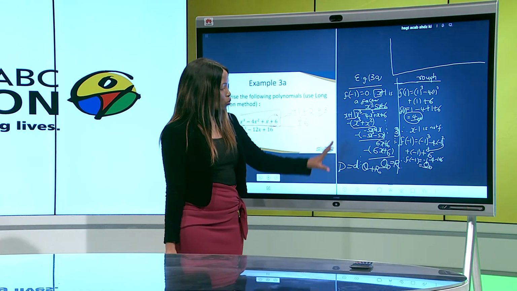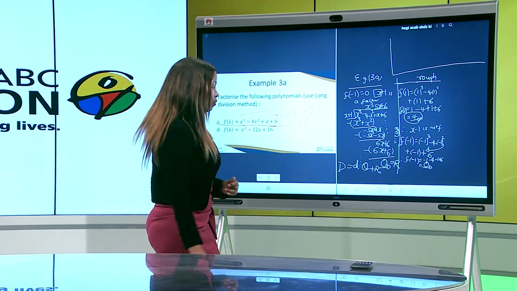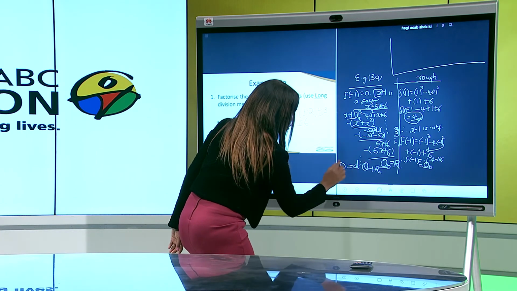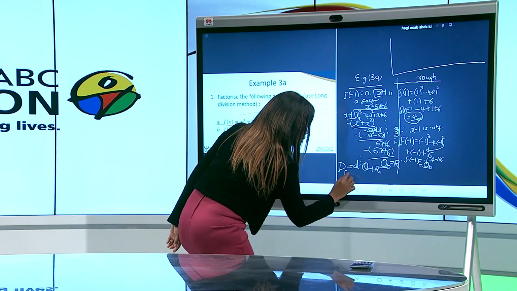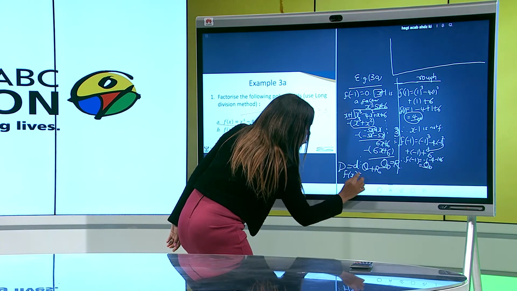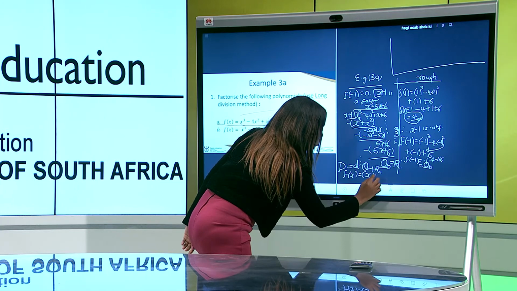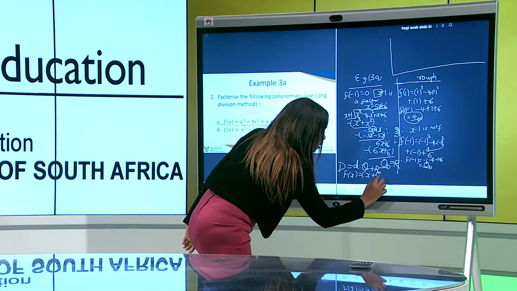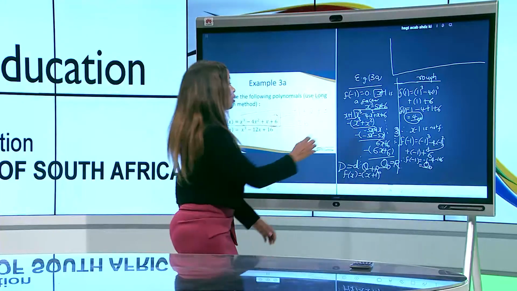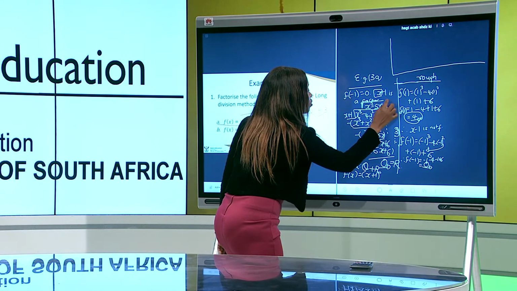In this regard, which one is my dividend? My dividend is going to be f at x, the original function there. f at x is equal to, which one is my divisor? x plus 1. My quotient, there is your quotient.